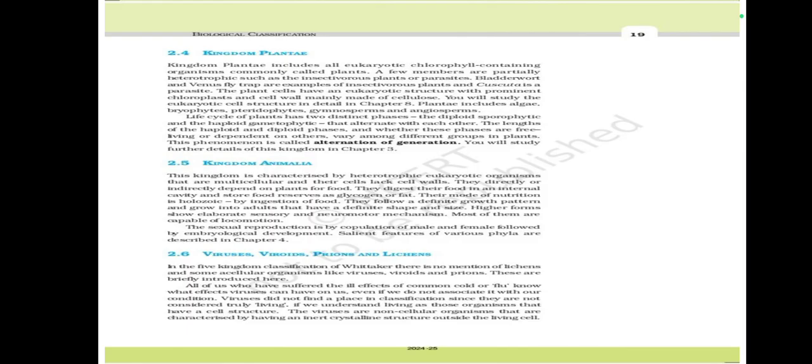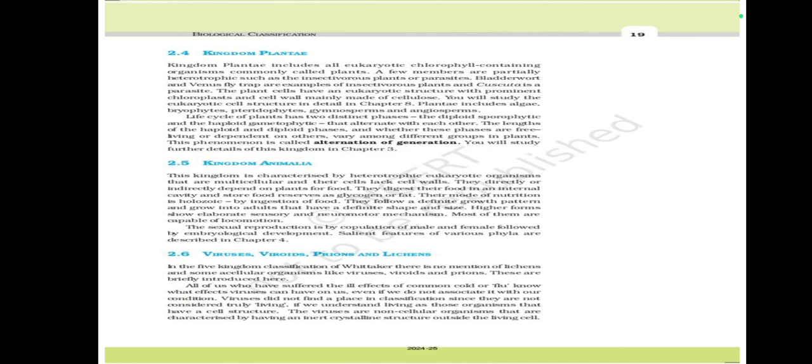Kingdom Plantae. Kingdom Plantae includes all eukaryotic chlorophyll-containing organisms commonly called plants. A few members are partially heterotrophic, such as the insectivorous plants and parasites.